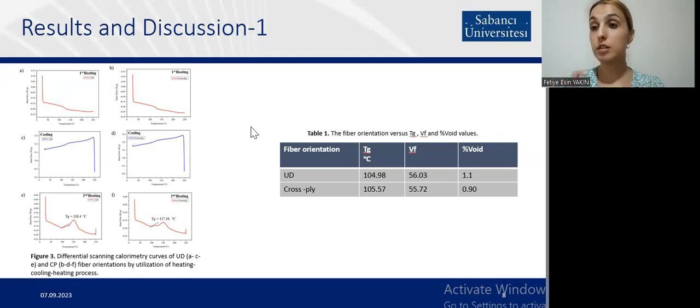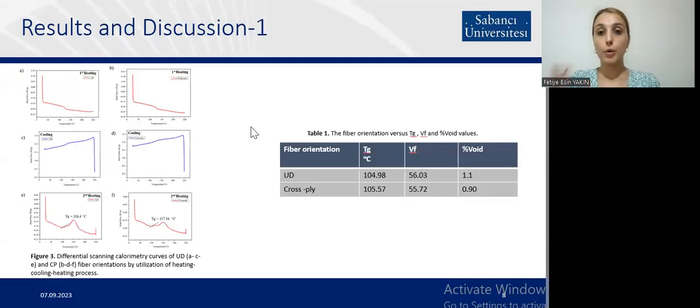You can see two different glass transition temperatures from the DMA and the differential scanning calorimetry. We couldn't use the glass transition temperature value from the DSC because composite materials are viscoelastic materials. Therefore, the differential scanning calorimetry only gives a clue about whether our plates are completely cured or not in my studies.